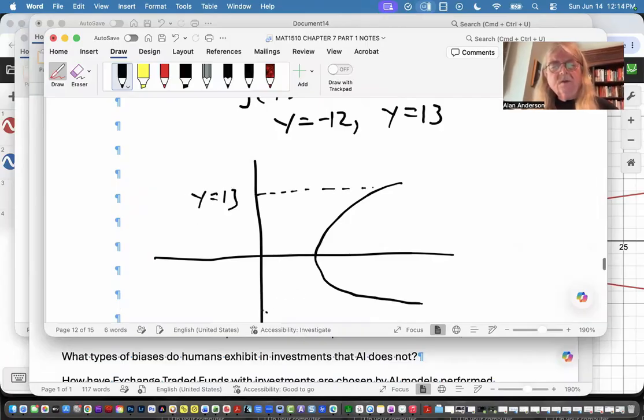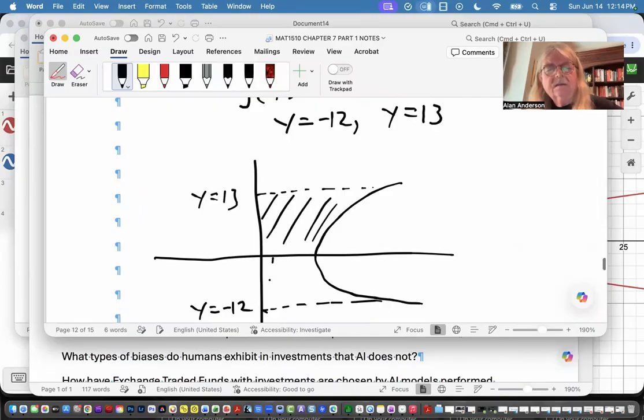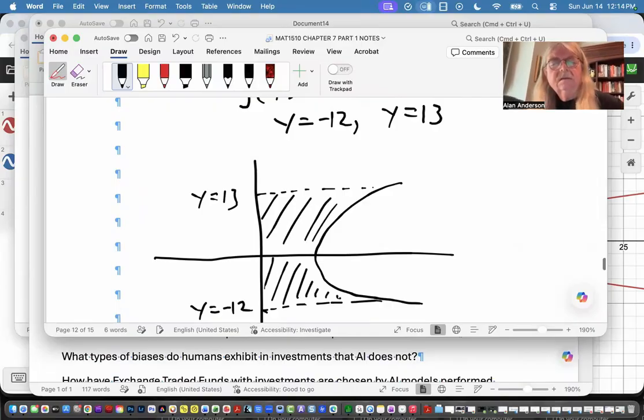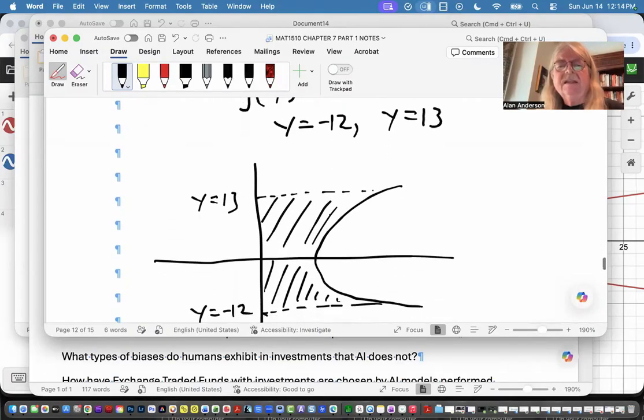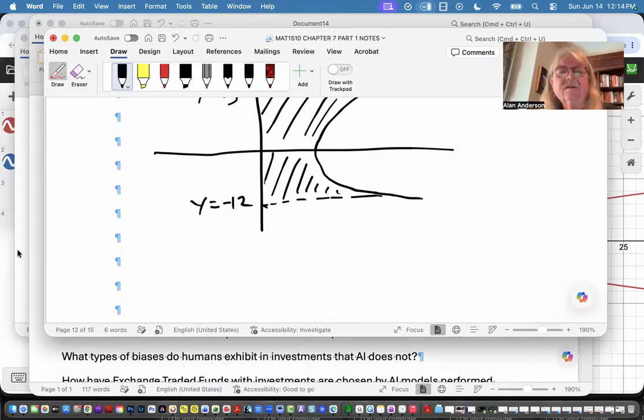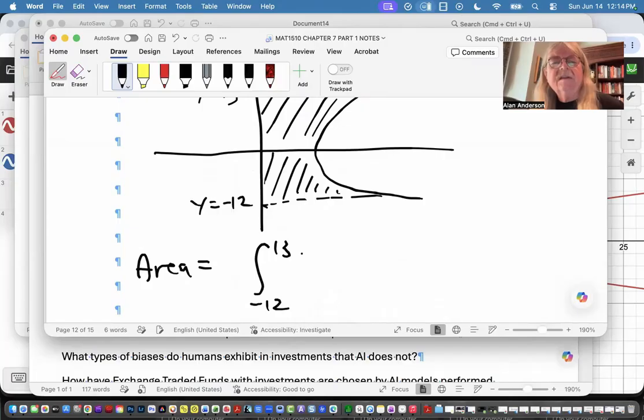And y equals negative 12 is down here. And so it would be this area. Okay, so the important thing is that f of y is the one on the right. That's really what we need to establish. So this area will be the integral from negative 12 to positive 13 of f of y minus g of y dy.